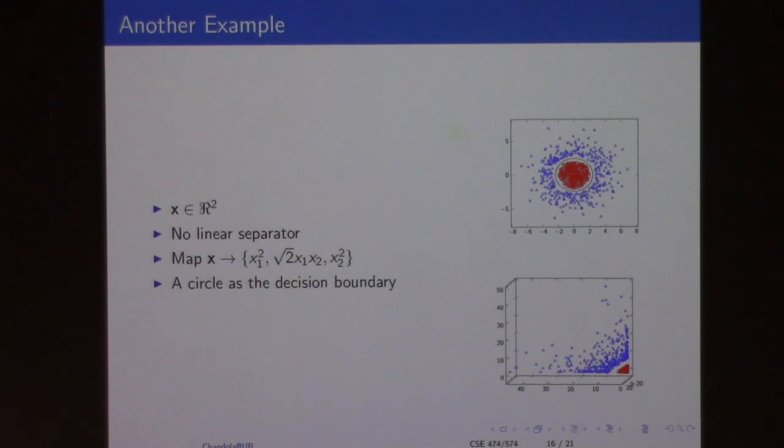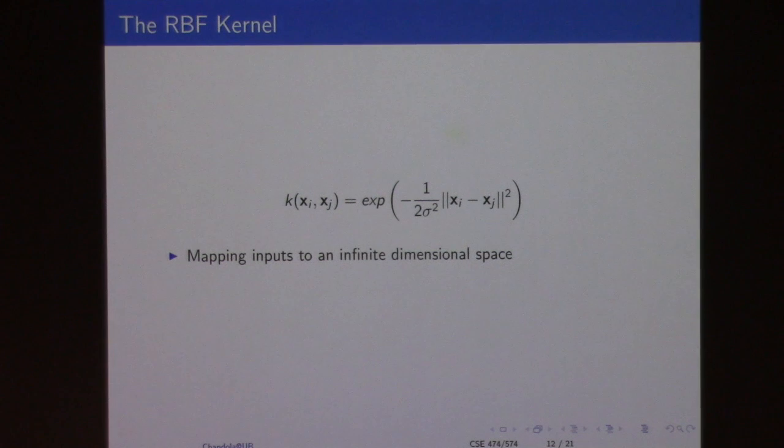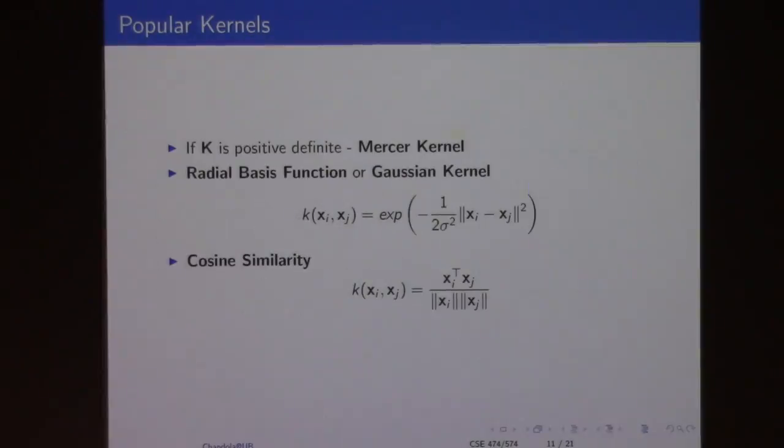But the reason I was talking about this Gaussian kernel is because what that kernel does is it actually maps your data into an infinite dimensional space, right? So that is the beauty of this, which means that you had data in some d-dimensional space.